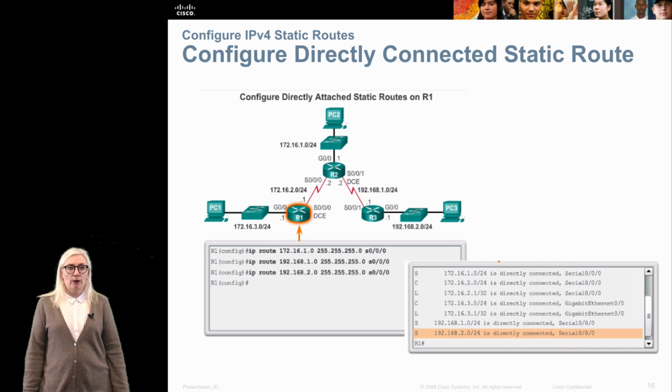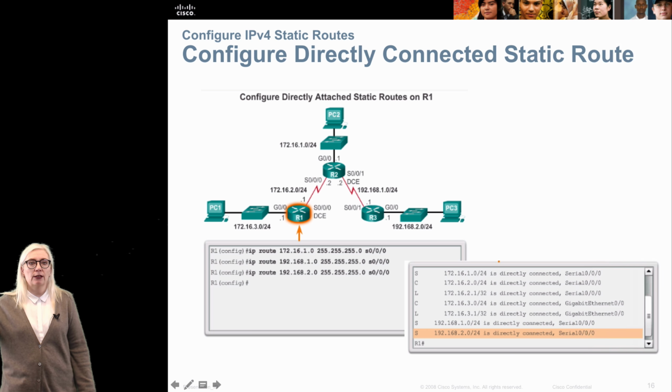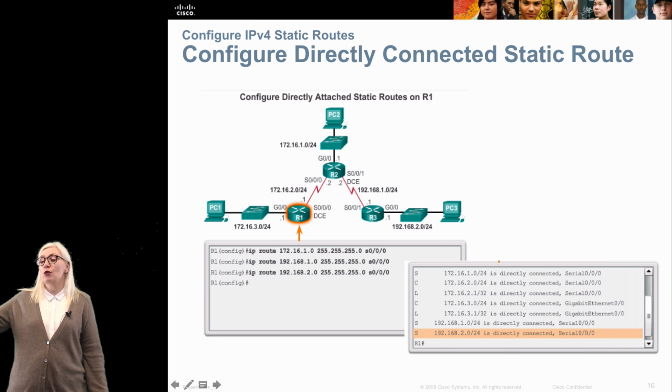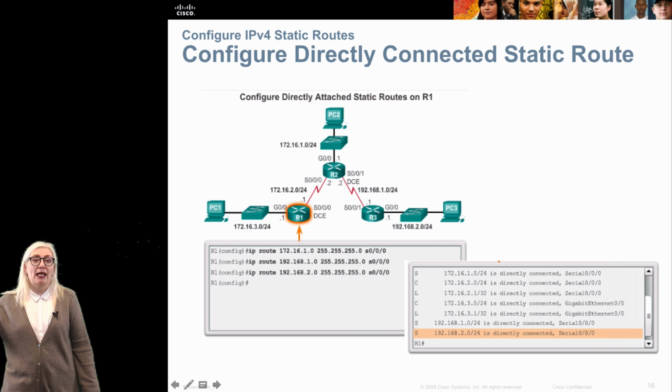We can also, for instance, in this case where I have a point-to-point connection between these two routers on a serial link, instead of using the next hop IP address over here, actually just say that I will send it out of serial 0/0/0. In this case, it's the router's own exit interface.